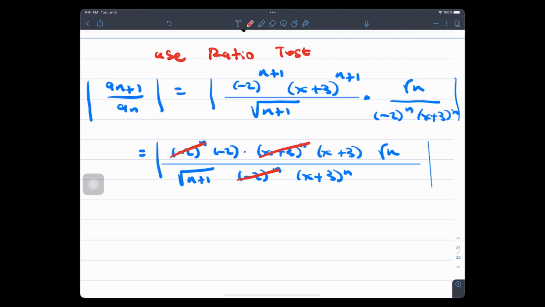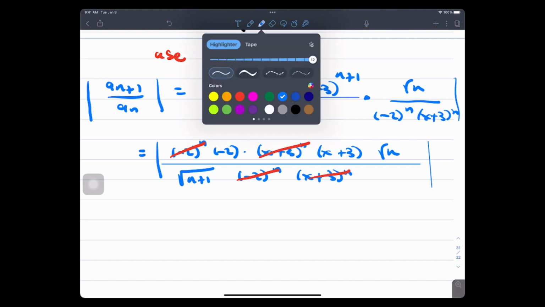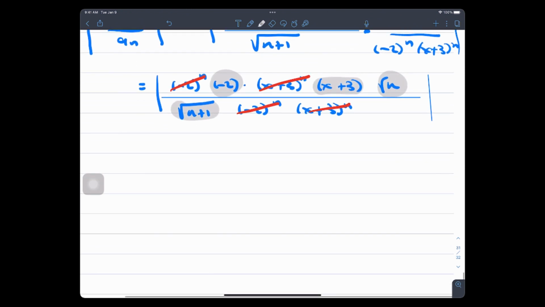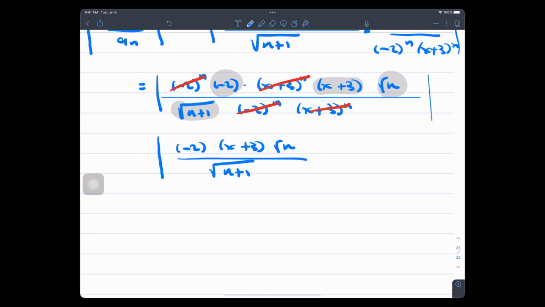Cancel. And then what is left here, it looks like these terms are left. Absolute value negative 2, x plus 3, square root of n over square root of n plus 1.